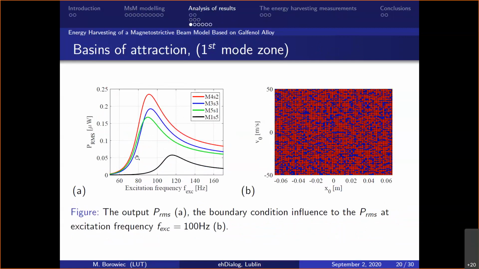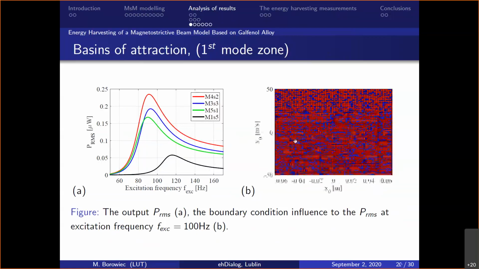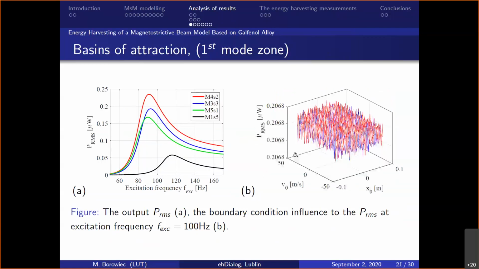The power output reached a fixed value, and for the frequency, let's say 100 Hertz, one can see approximately 0.2 microvolts only, and it was found for some range of the initial conditions, boundary conditions. There is no different values. So only one response for that numerical model results.